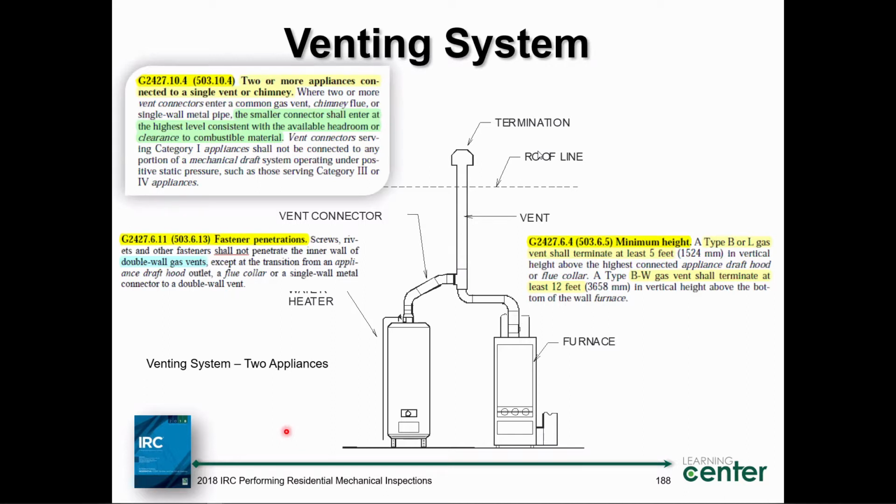Chapter 24 right here, 2427, actually is the same as section 503 in the commercial gas code. It tells us, hey, when we have 2 or more appliances that vent into, connect to a single vent, the smaller connector needs to enter at the top. Larger connector needs to enter at the bottom.